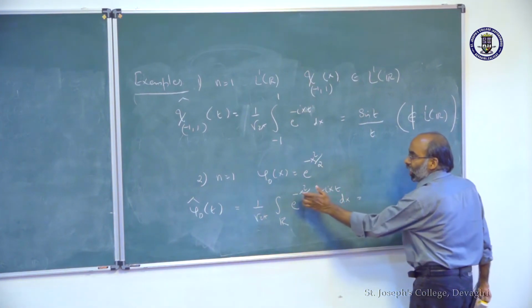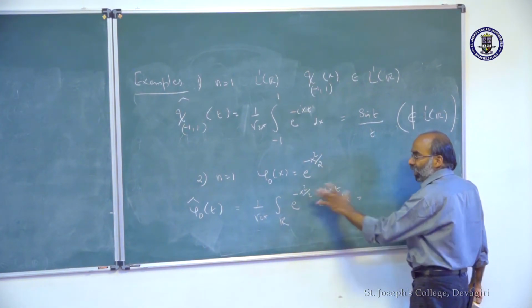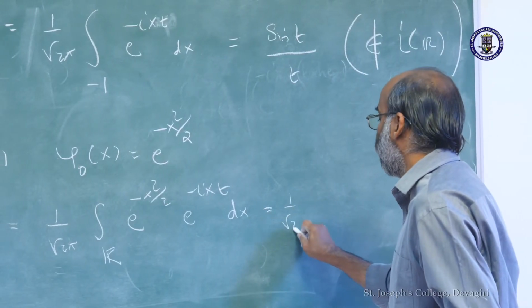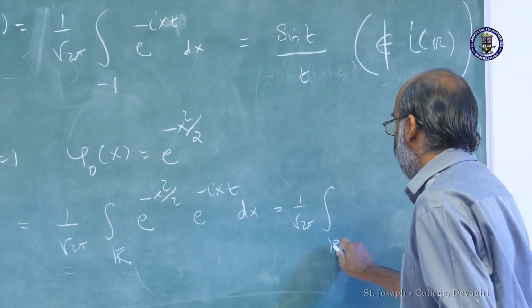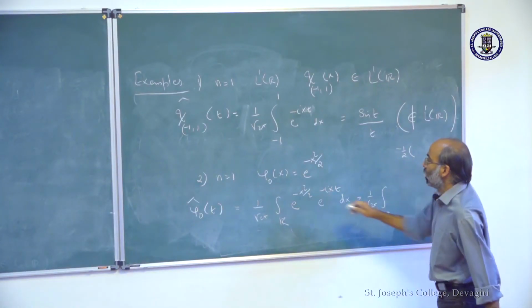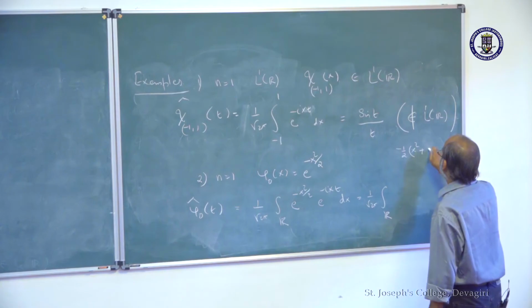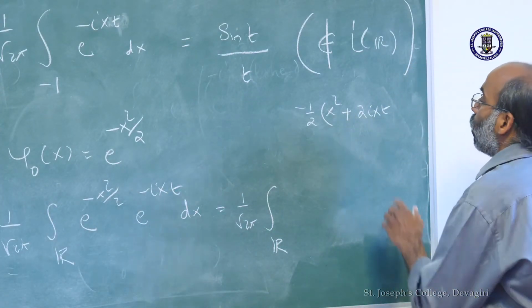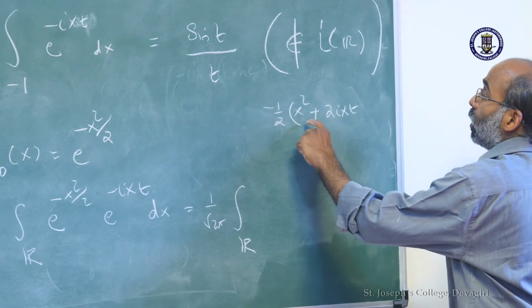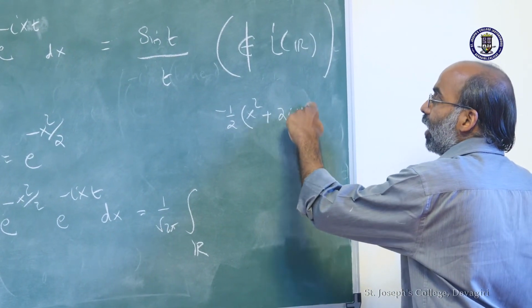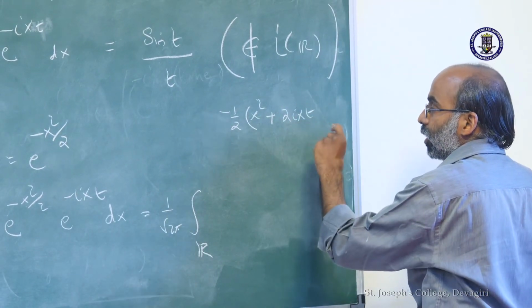Well, there is an x square, there is an x term, so you complete the square. Okay. So, you can write this as 1 by root 2 pi integral over r. Okay. So, let us take minus half outside. Okay. So, I have x square plus 2I x t. Okay. Now, I want to complete the square. So, I have x square and I have 2, then there is an it extra here, right. So, that is the second term.